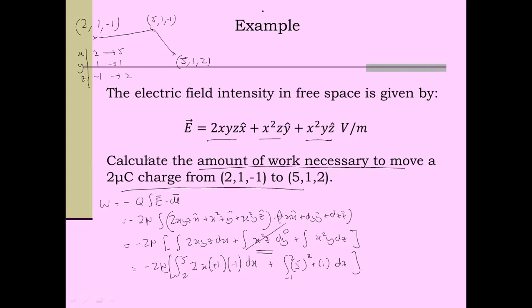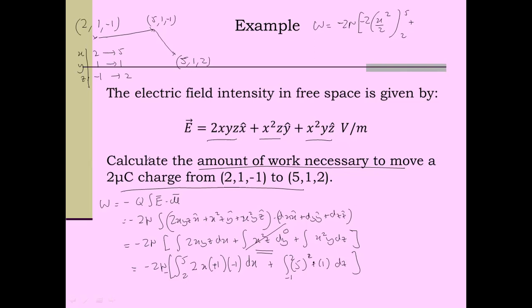So W will be equal to -2 microcoulomb, and then negative of 2x squared divided by 2, which is from 2 to 5, and then this is y, 5 squared.